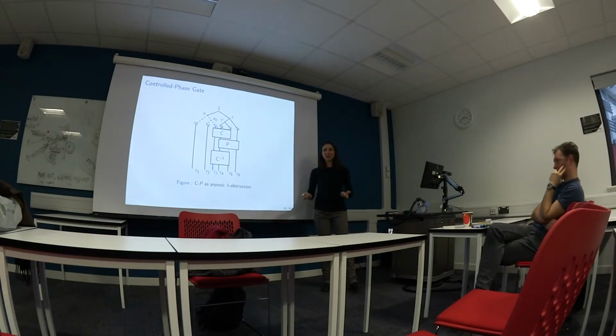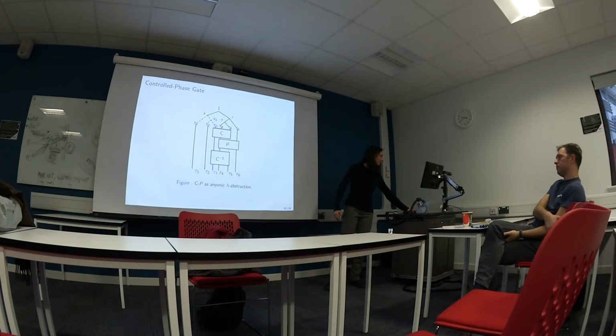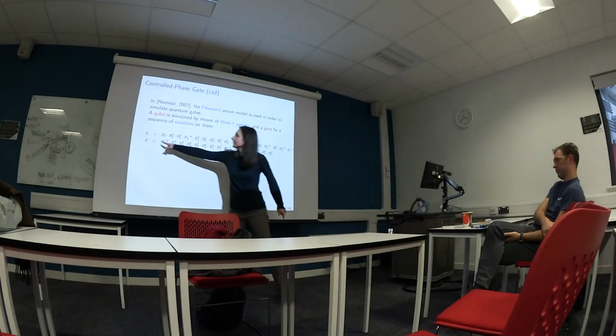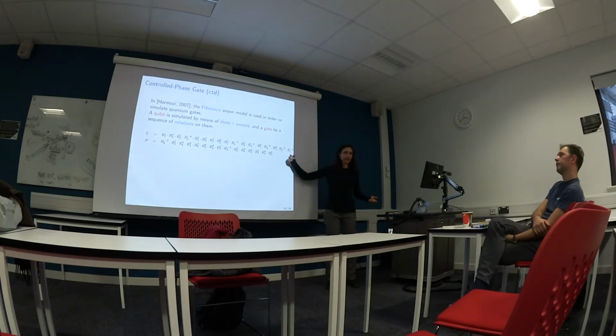I'm just giving you an idea, of course. There are a lot of details to be discussed, but if you want to ask me any, yeah. This would be the CNOT and the P gate would look like braiding.